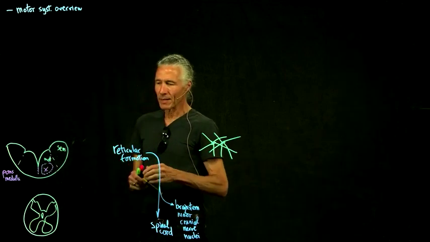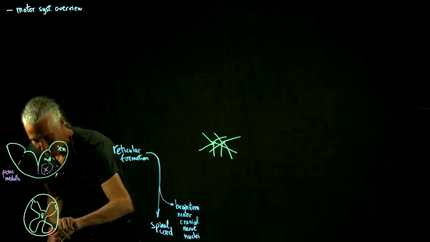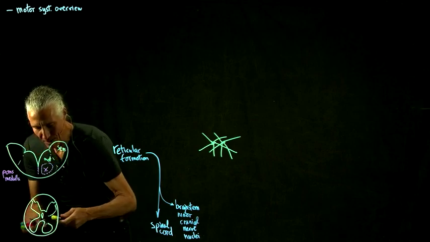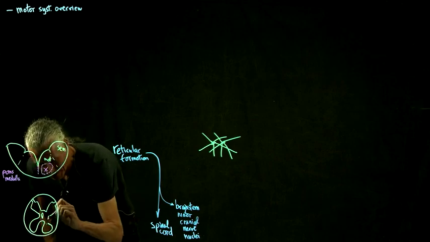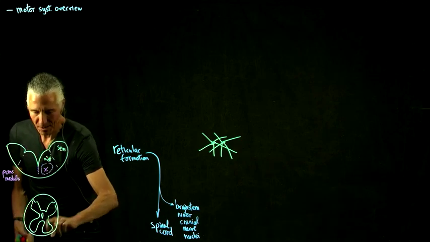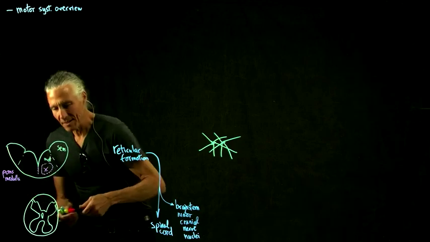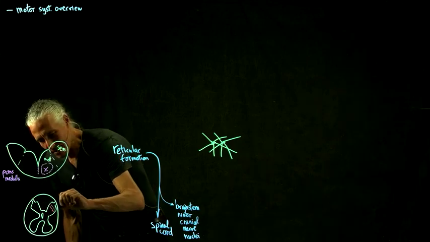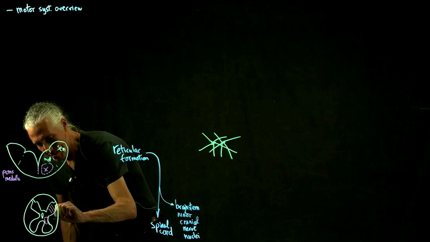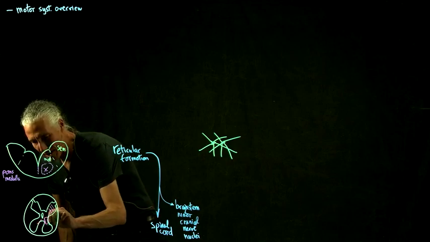So if you look at, remember way back when, it sort of seems like about 7 months ago, we talked about the layers in the spinal cord. There were all these layers, and then there was one layer, not really a layer, more like a whole area right here.